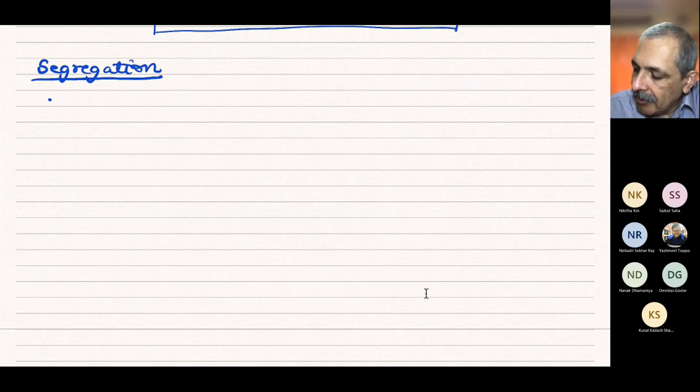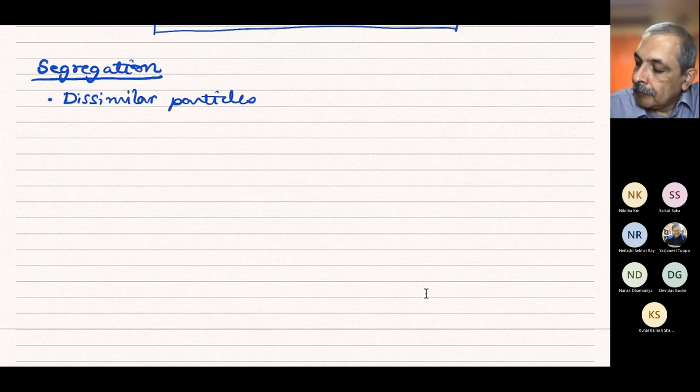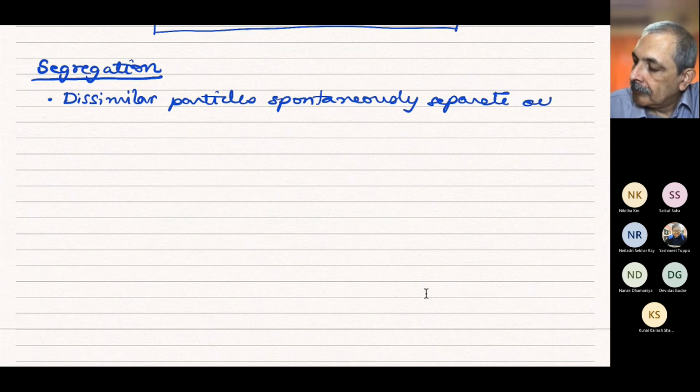And here the basic point is that dissimilar particles spontaneously separate out during flow.